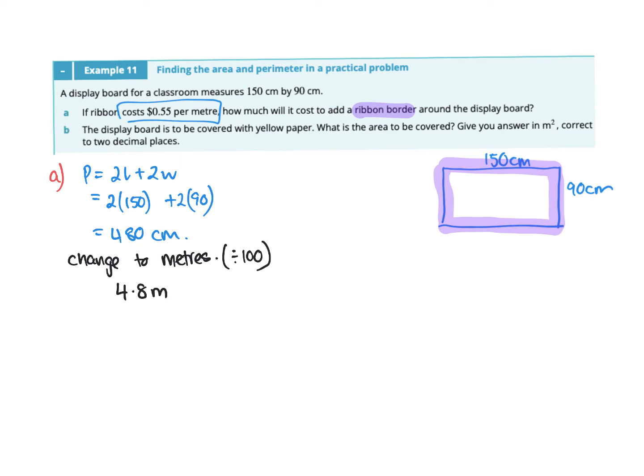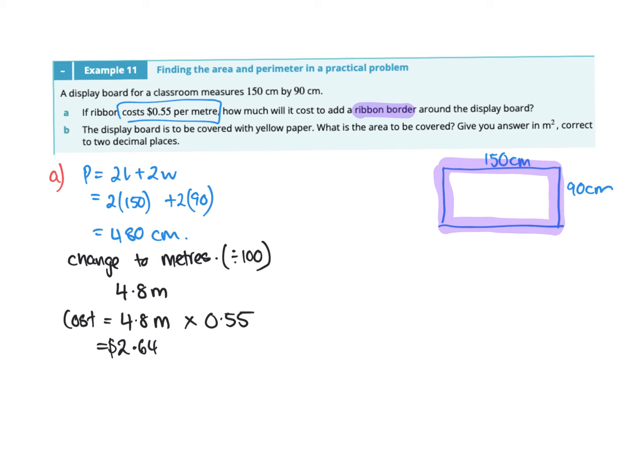Alright, so then if it costs 55 cents per meter, the cost will equal 4.8 meters times the 55 cents a meter. Okay, so we end up with $2.64 to buy the ribbon.